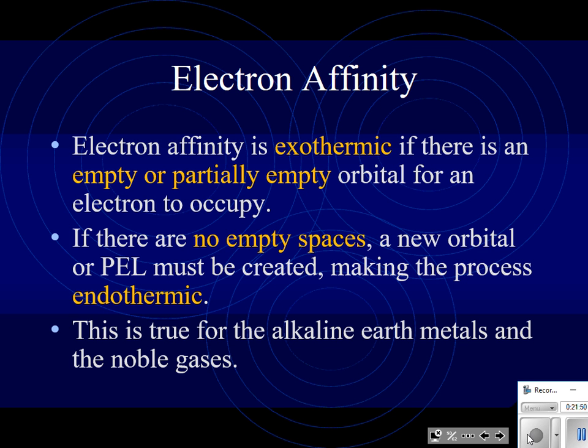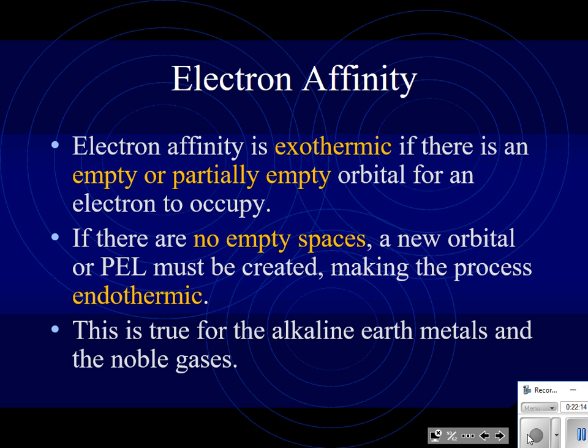Just so happens that I drew this up there yesterday. Are there any empty or partially empty orbitals there? Well, yeah. I see here's a 3px, here's a 3py, here's a 3pz. I only have 2 electrons on those, so there's plenty of spaces to add electrons.